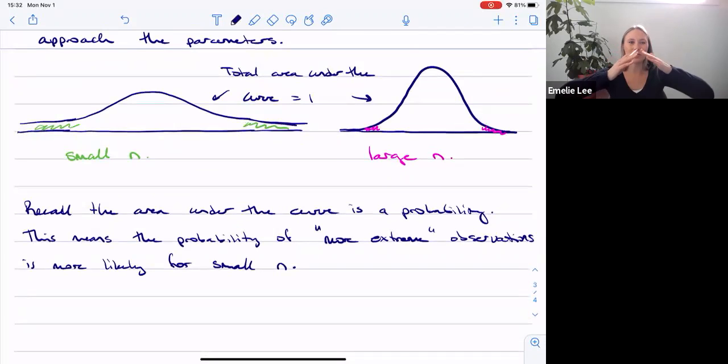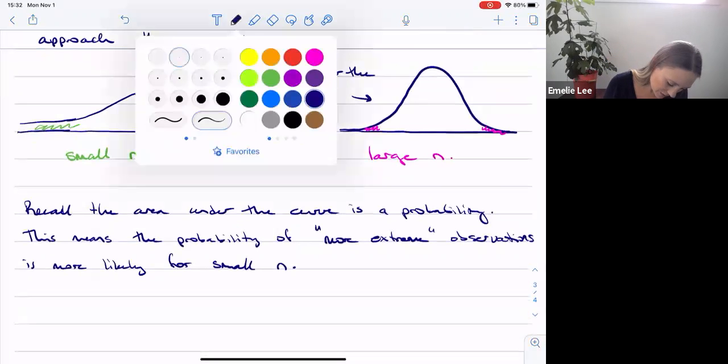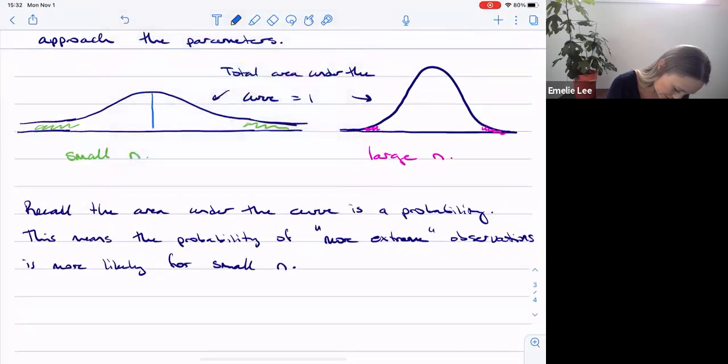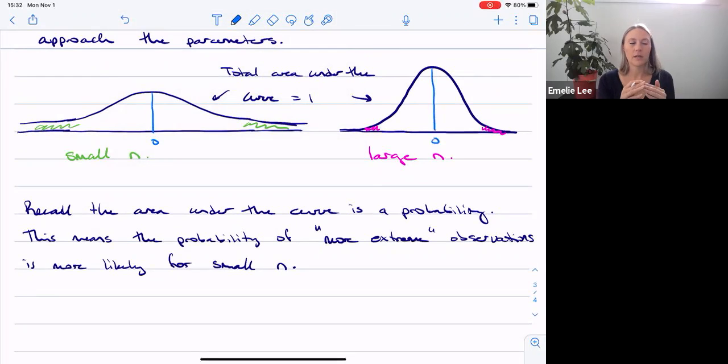So the t-distribution has the same shape. It's still centered on 0, regardless, but it leaves more room in the tails for small sample sizes.